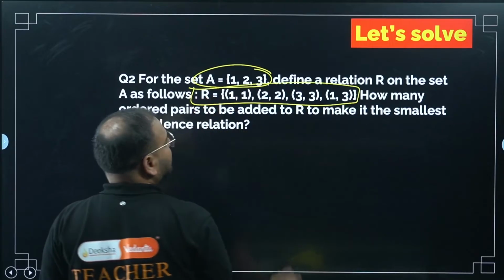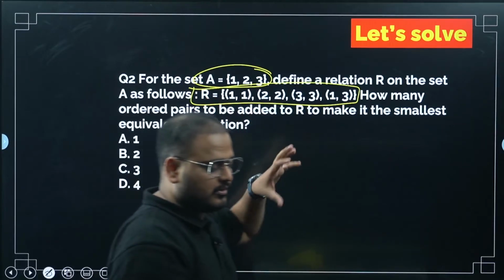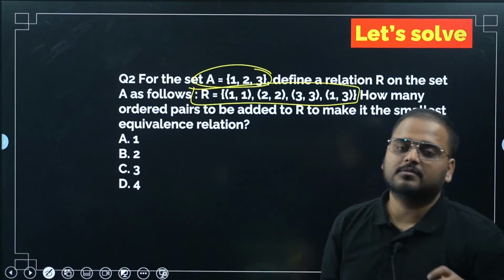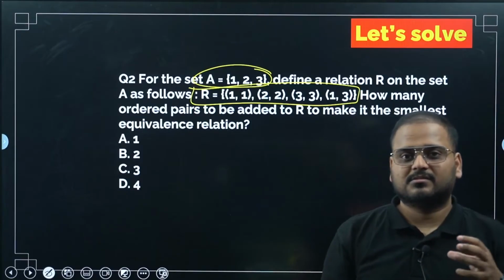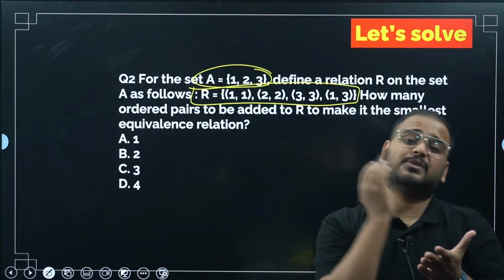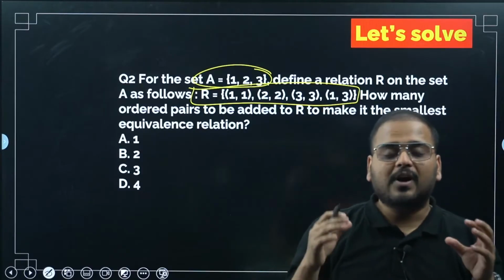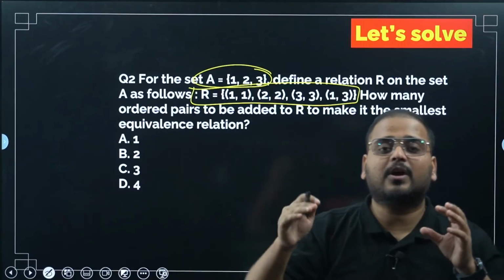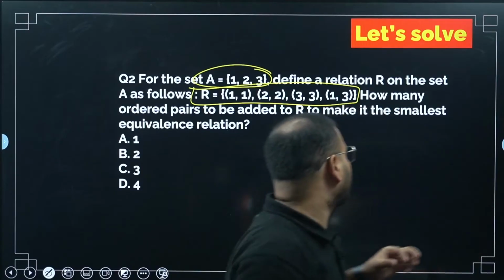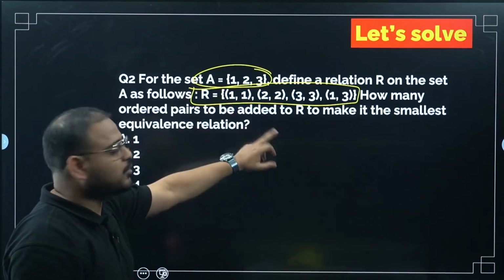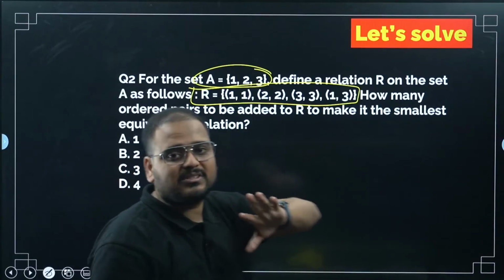Now, the thing is, you have to solve a lot of questions in 60 minutes. You have to solve 60 questions in 60 minutes, so you have to be very good in speed. So how do you figure it out? First, when you're reading the question, make sure that you are getting all the information out of it. When I read, I got that set A is known and the relation R is known. Now what is next?